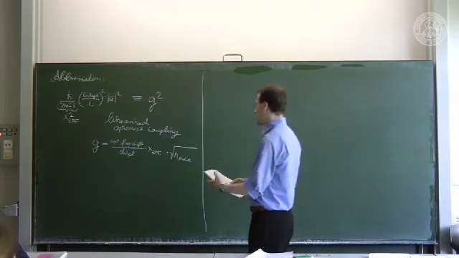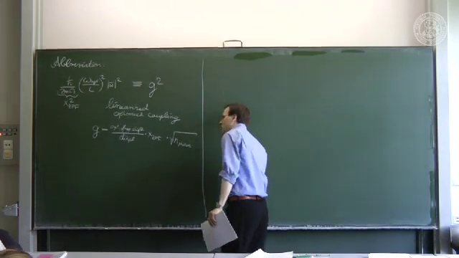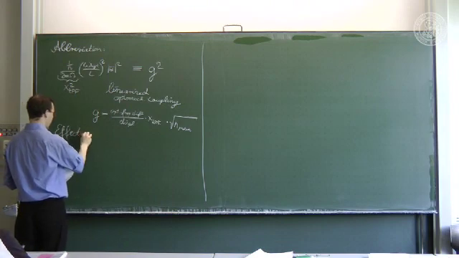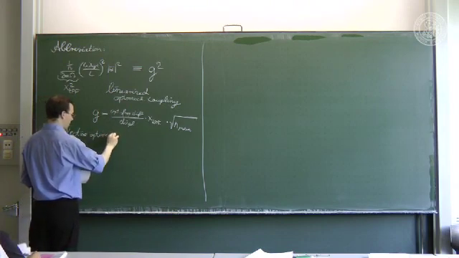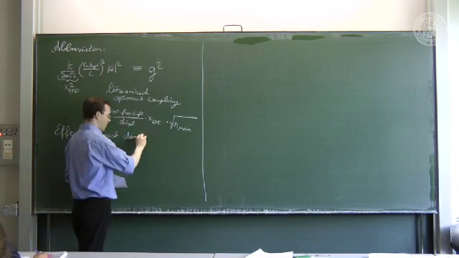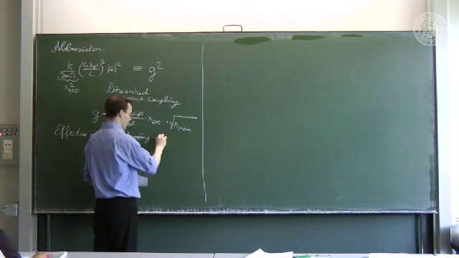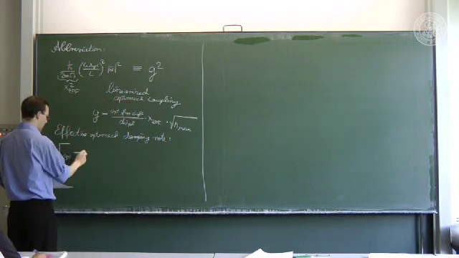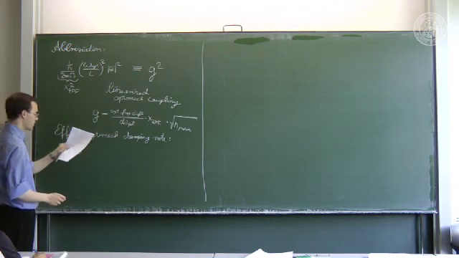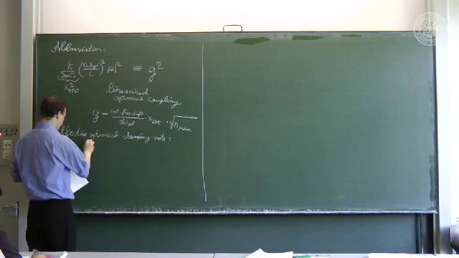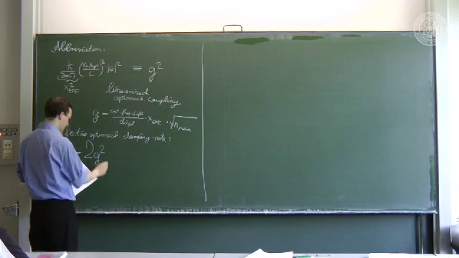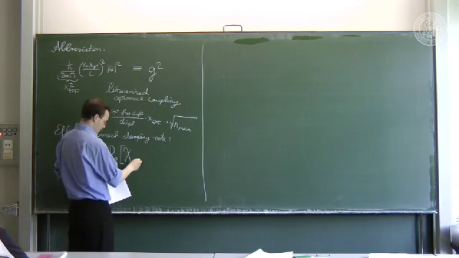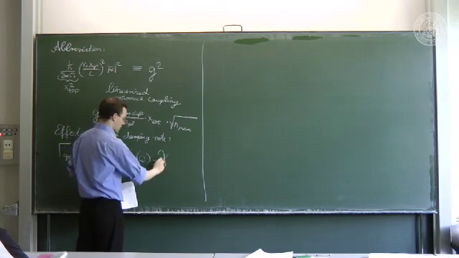So let me first discuss the effective damping rate. So if I insert the definition and take the G squared, then I find that the optomechanical damping rate is 2 times G squared times the real part of this difference in the cavity response function.